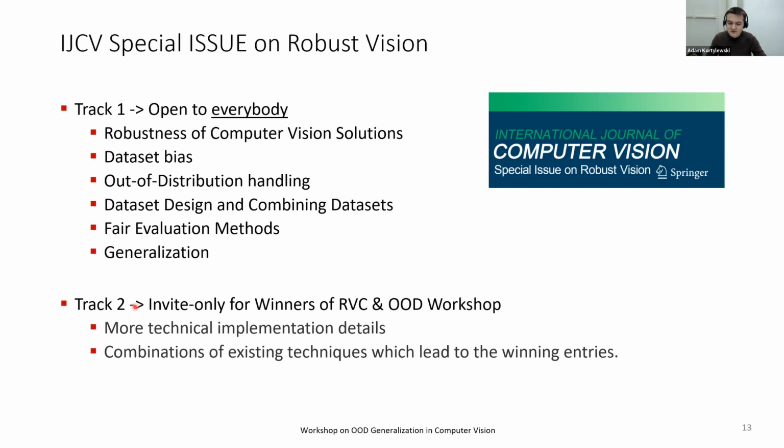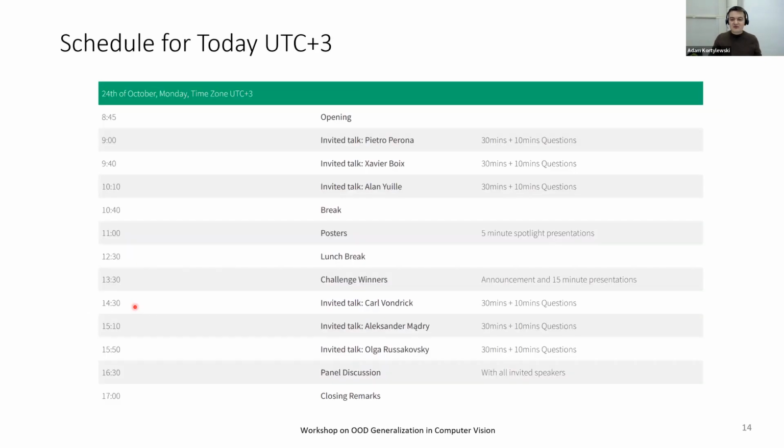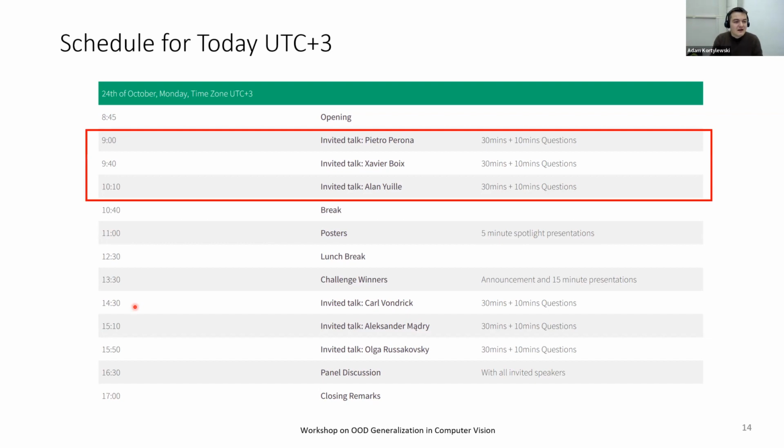Now, in addition to the challenge, basically asking the community to provide answers to this very difficult question, we also invite several speakers, experts in the field who will tell us their opinion about out-of-distribution generalization. We are going to start soon with a talk by Pietro Perona. Afterwards, we'll have Javier Bois and Alan Yule.